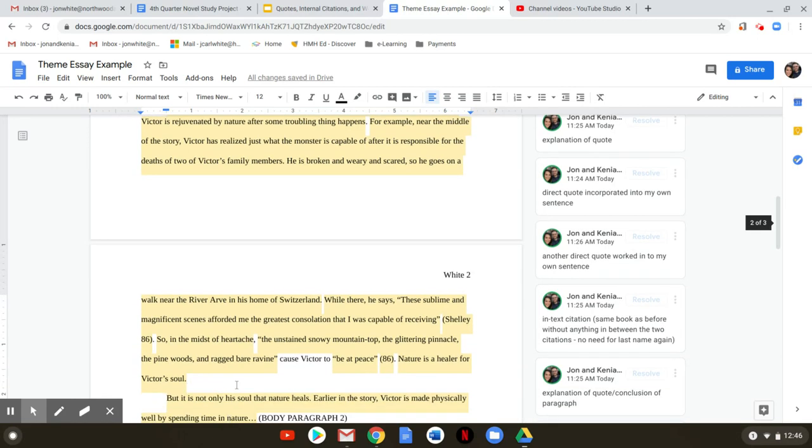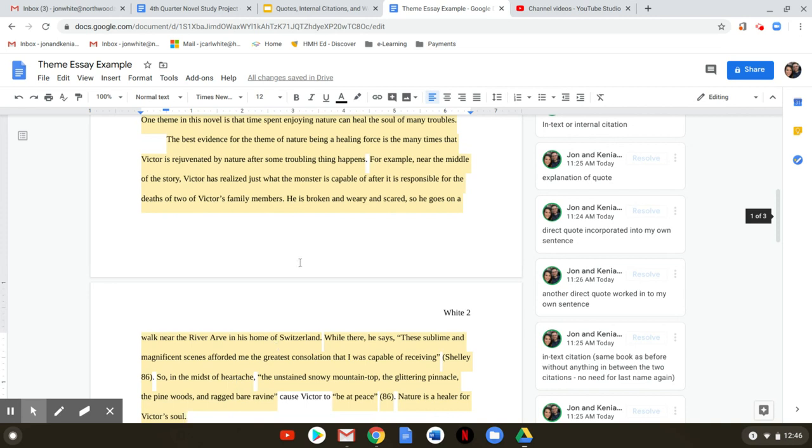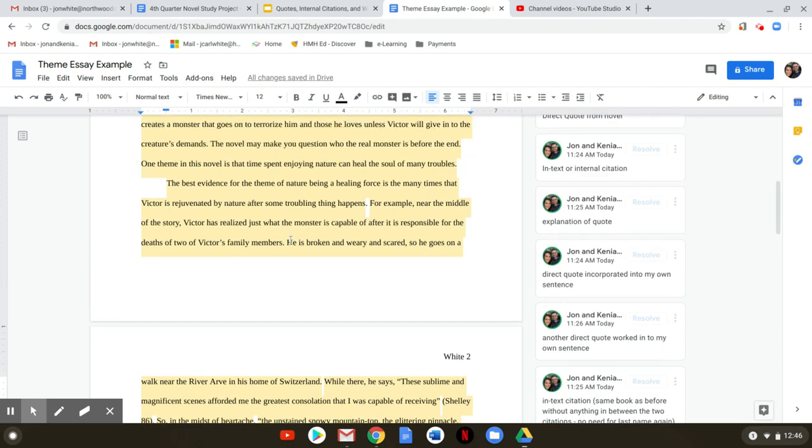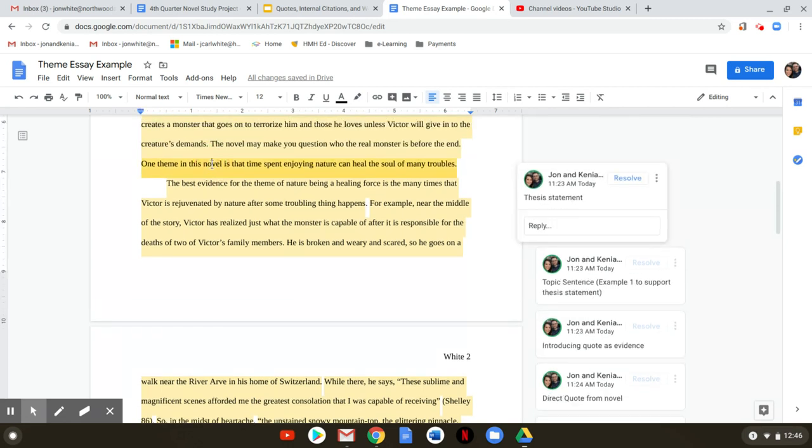Notice how this entire body paragraph moves in one direction. Guys, there is one main idea for each body paragraph. In this paragraph, the one main idea is, here's an example that shows nature healing Victor in some way. That supports my thesis statement.